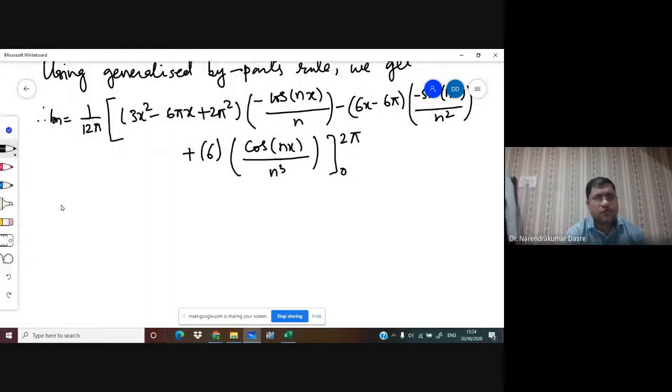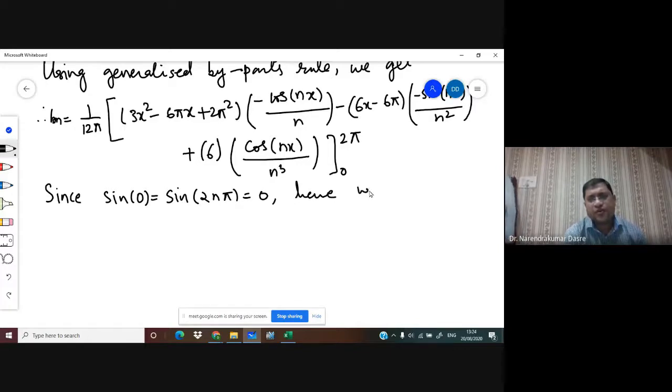Now before we apply the limit, what we know is, since sine of 0 and sine of nπ are equal to 0, hence we have bn is equal to 1 upon 12π.